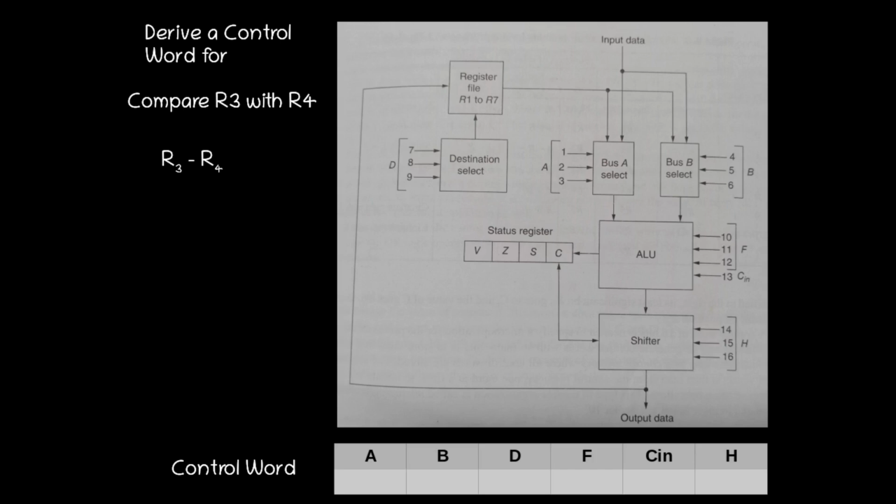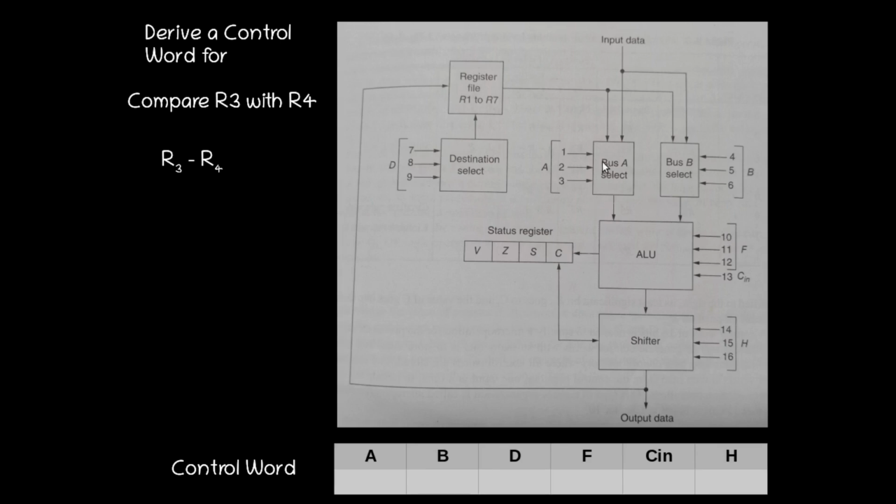This will only affect the status register. Normally these compare instructions are used just before a jump instruction to make a condition. So R3 minus R4 is the actual operation performed, and the source register 1 is R3 and source register 2 is R4.